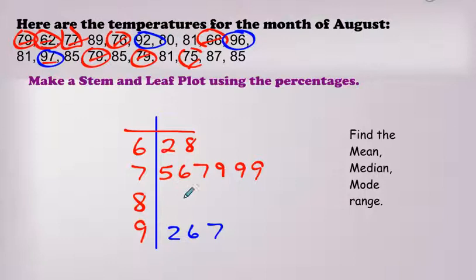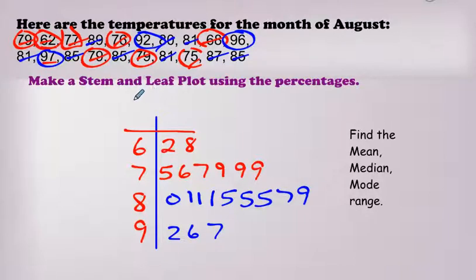So I've got 80, and then my 81s, I have 1, 2, 3 81s. And then I've got 1, 2, 3 85s, and an 87 and an 89.